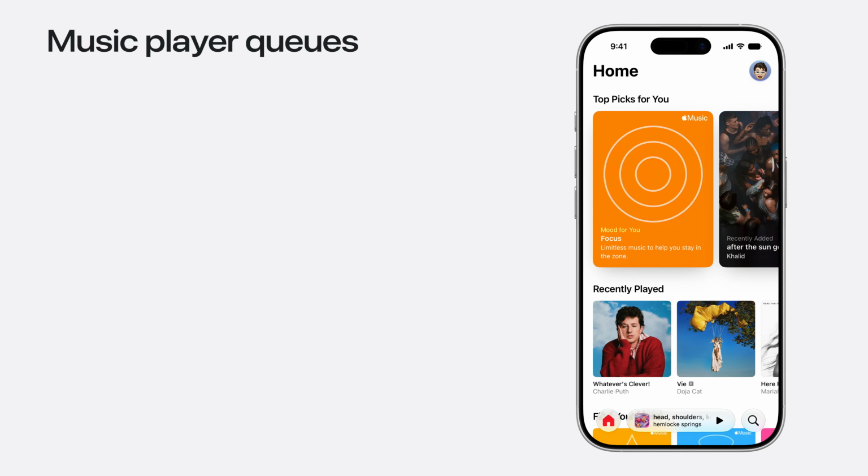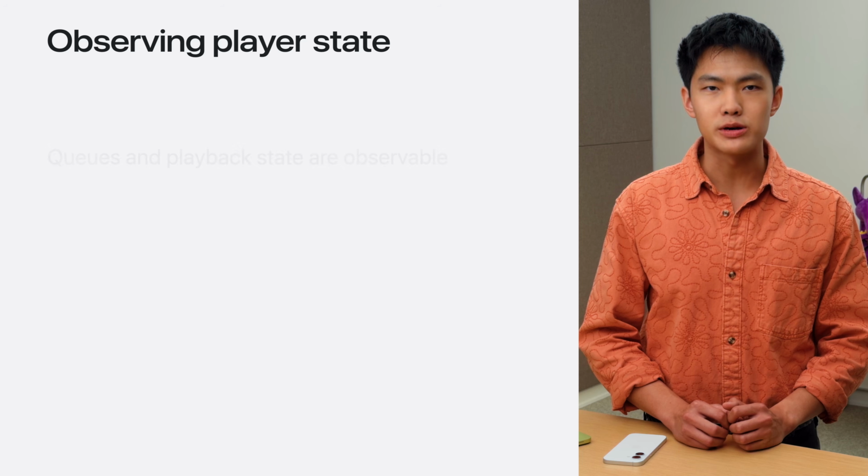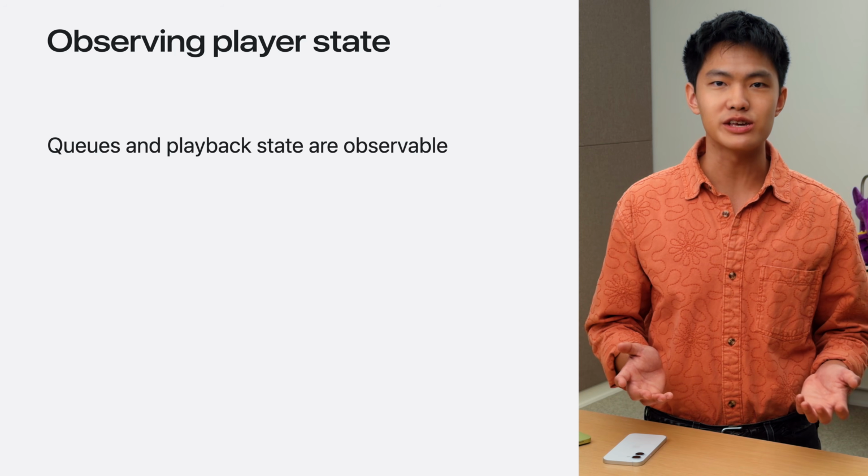Affects listening history is an instance property that determines whether the queue will show in the person's recently played shelf in the music app. It defaults to true, but respects the Use Listening History setting for the music app. To observe and control the player, both music players have observable properties for their playback state and queue.